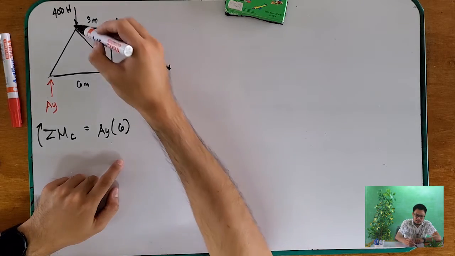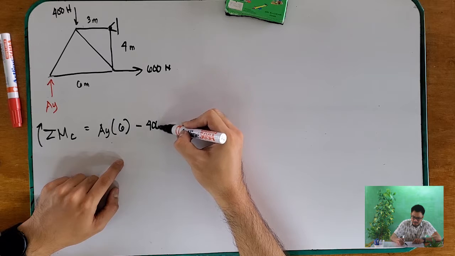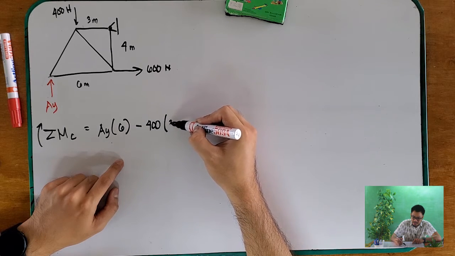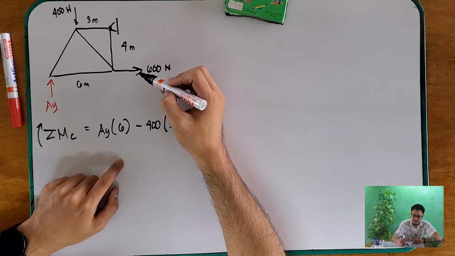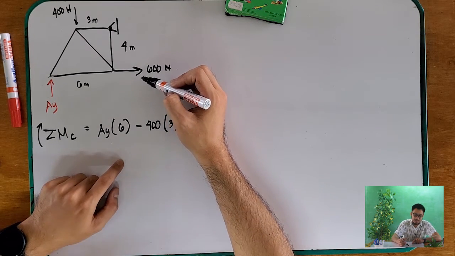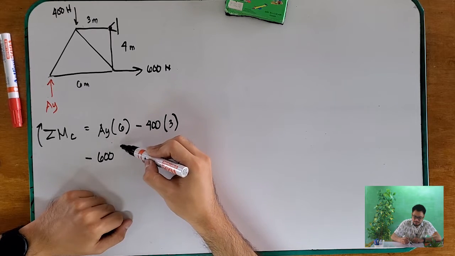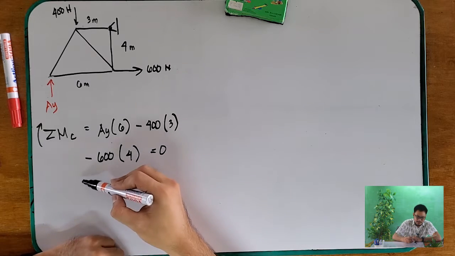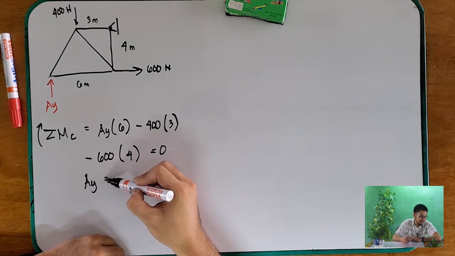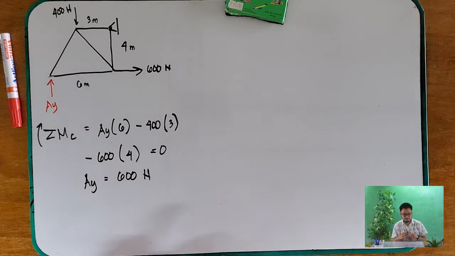And then, minus 400 times 3. Is this positive or negative? This creates a counterclockwise direction. So this is negative 600 times 4 is equal to 0. And you will get your AY as 600 newtons.